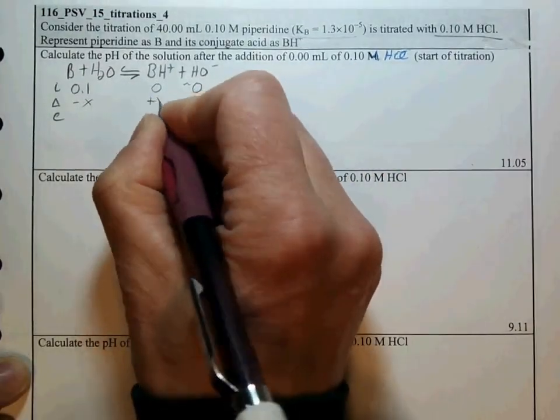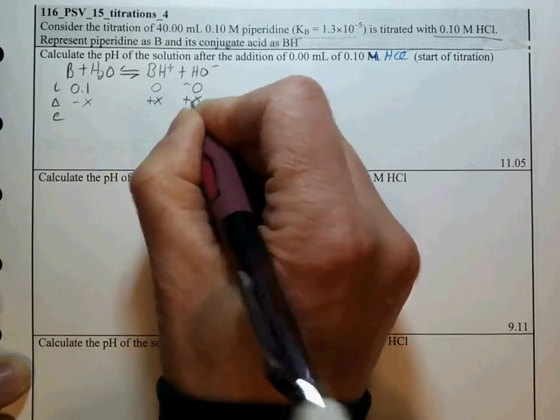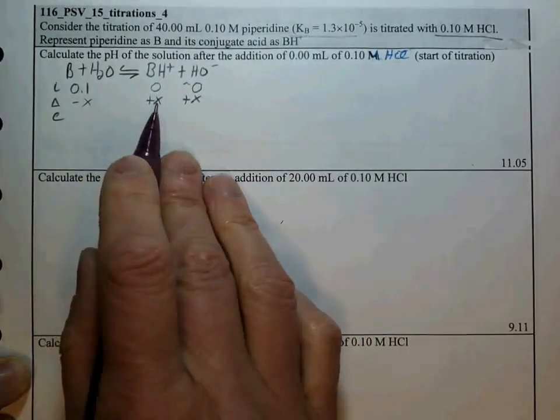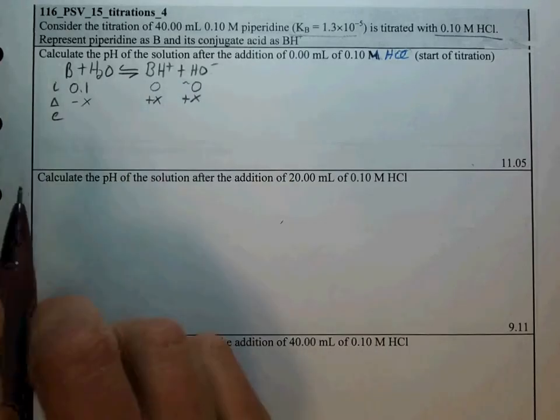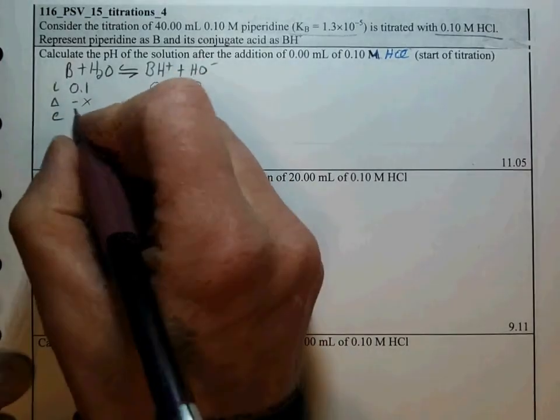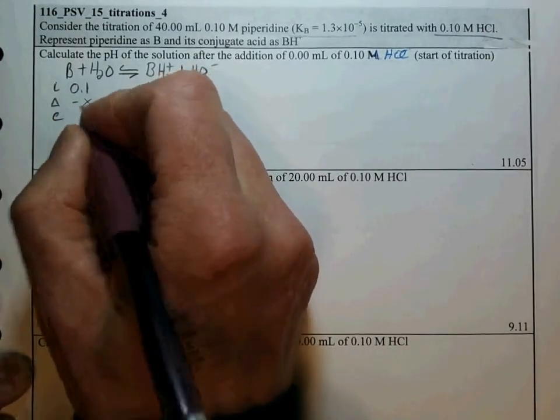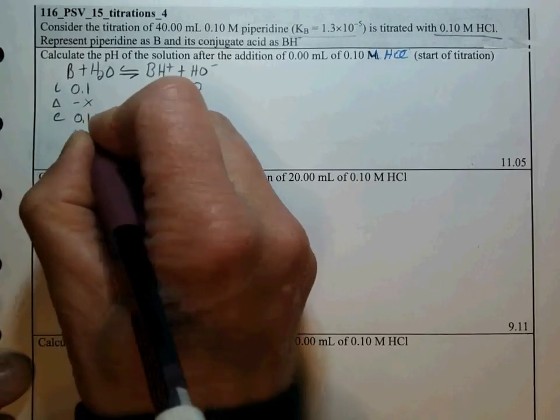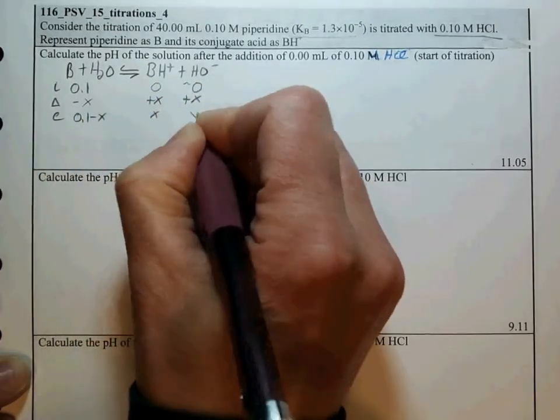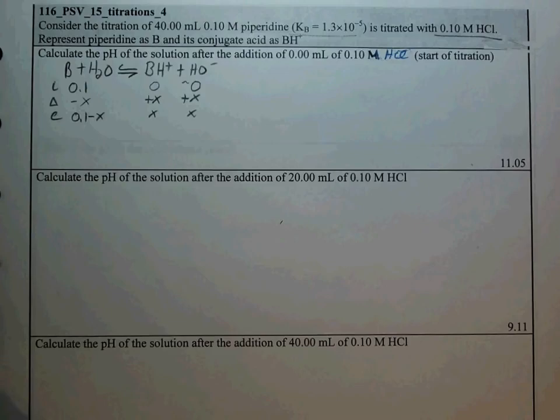For every x moles that reacts with water, we're going to get x moles of our conjugate acid plus the hydroxide. Equilibrium is the initial plus the change. So we get our equilibrium quantities.